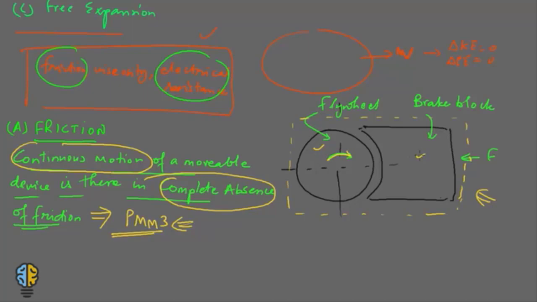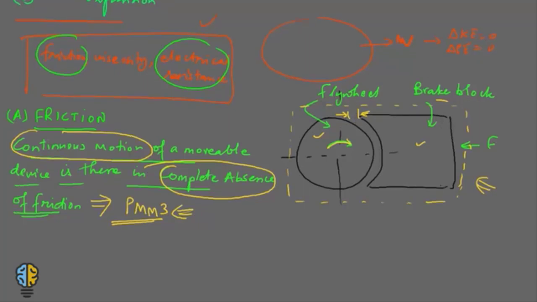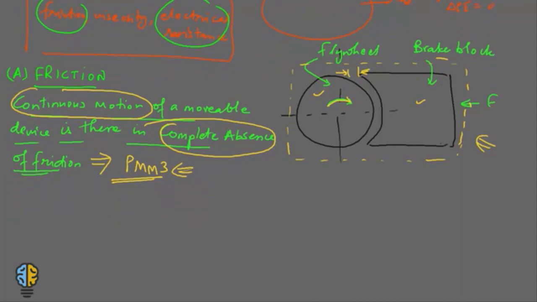So this is the friction brake and this is the brake block. Now the distance moved by the brake block to stop the flywheel is very, very small. So the work transfer is almost zero, because work is usually F ds, and the distance is very small, so the work is zero.